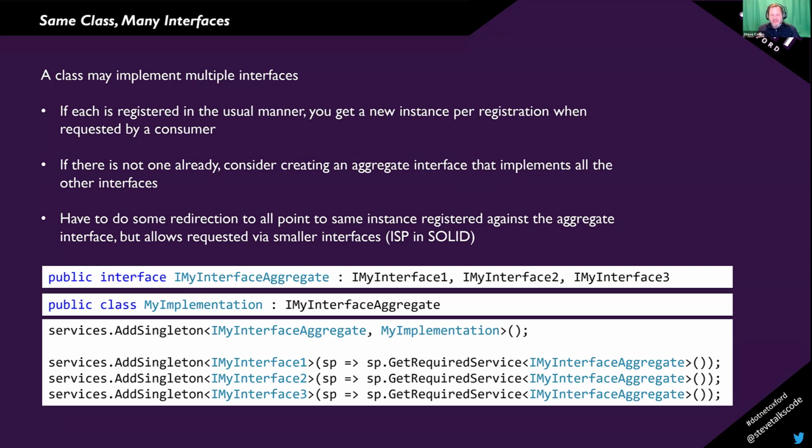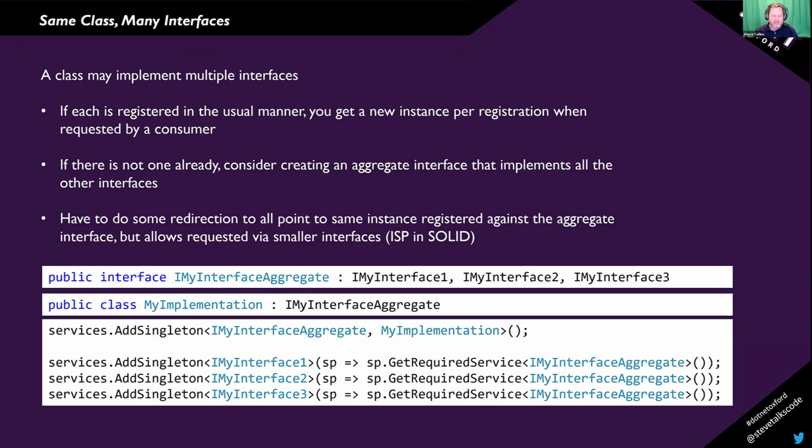So that's what happens if you've got a single interface with lots of different implementations. But you could be going the other way around. You could have a single class that's got multiple interfaces on it, especially if you've gone down the interface segregation principle from SOLID. If you register the type with each interface individually, what's going to happen by default is each of those interfaces will get a different instance.